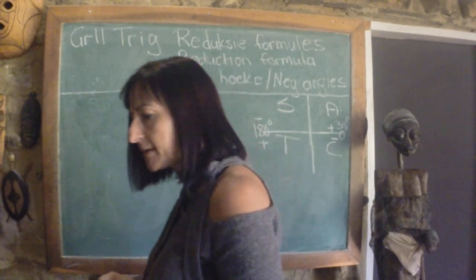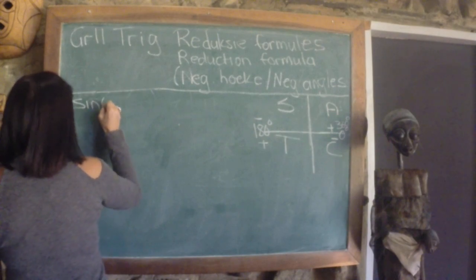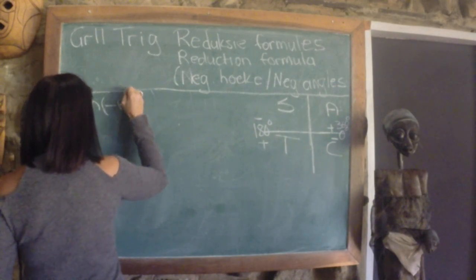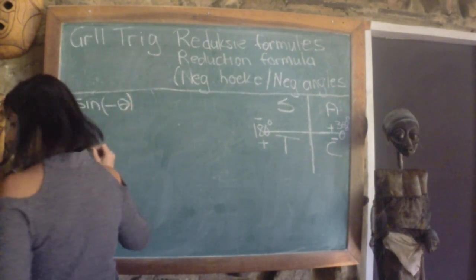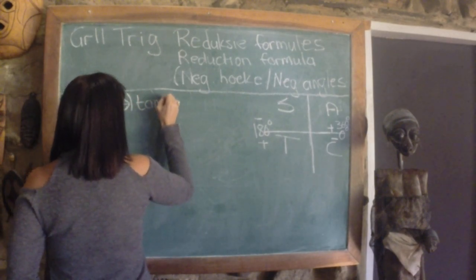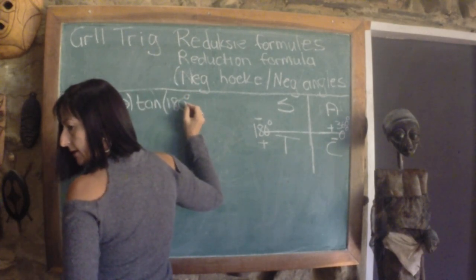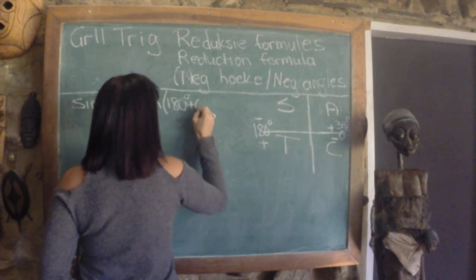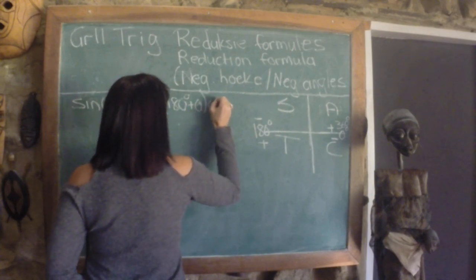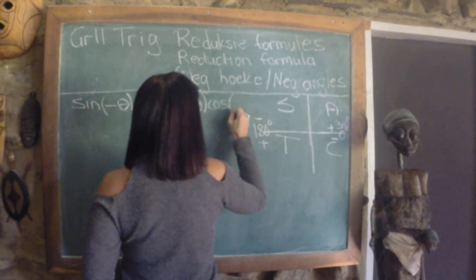So let's see. We've got the sinus of minus theta. Then we've got the tangent of 180. Let's make it plus theta. Then we've got the cosinus of 180 minus theta.